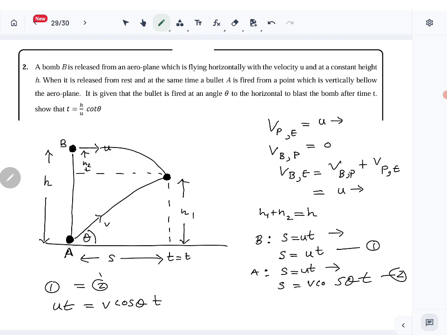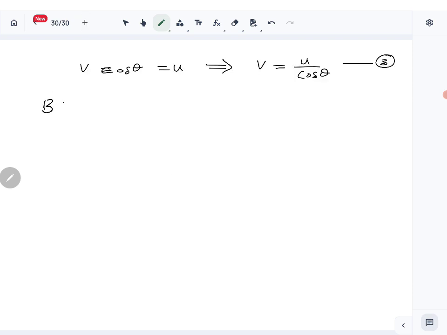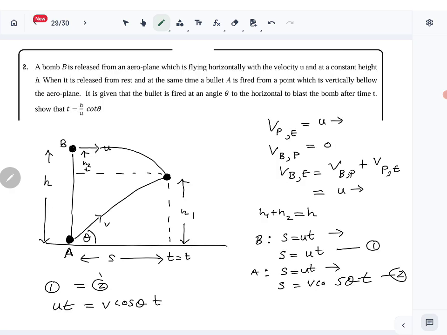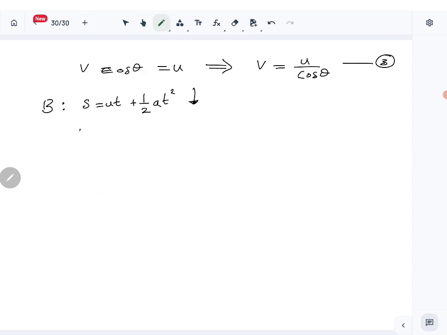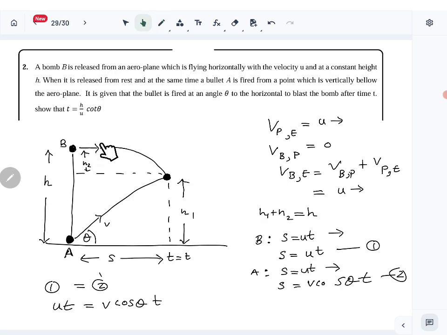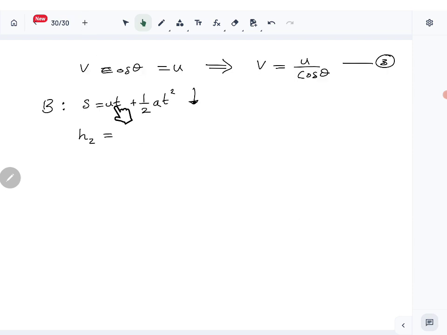Then we'll apply s equals ut plus half at squared for both of them, the bullet and the bomb. For the bomb, we'll take down as positive because it's going down. So the displacement is h2. There's no vertical component; the vertical velocity at the beginning is 0. So ut is 0, and we get half g t squared.